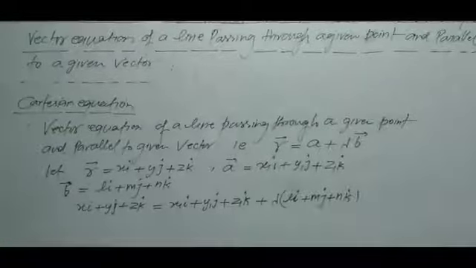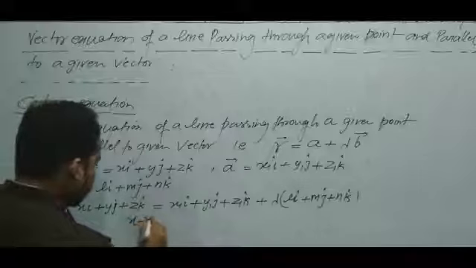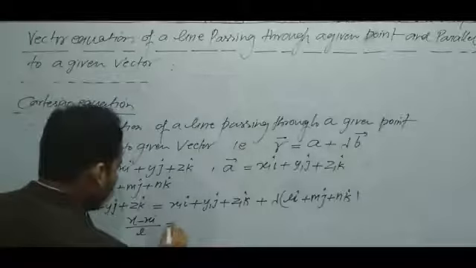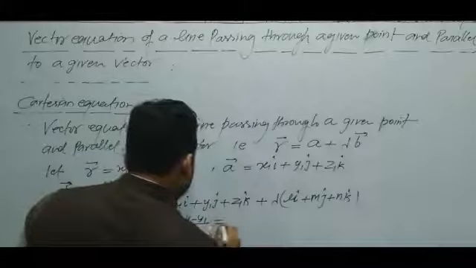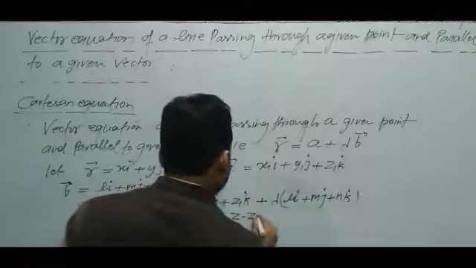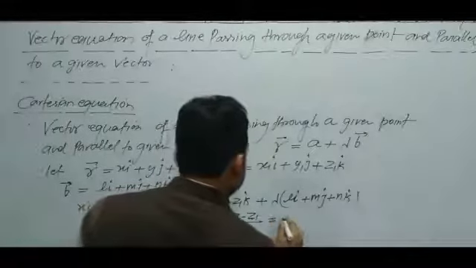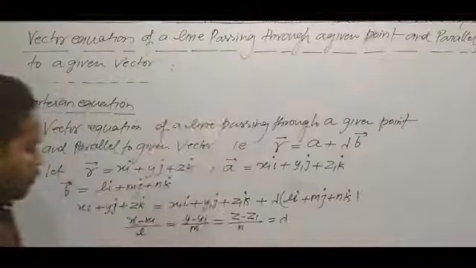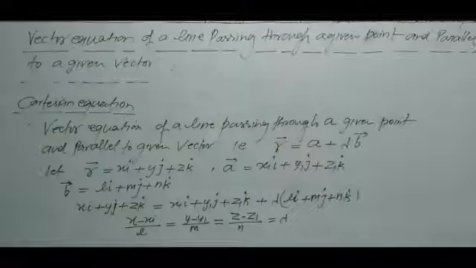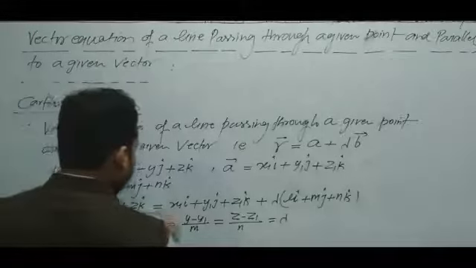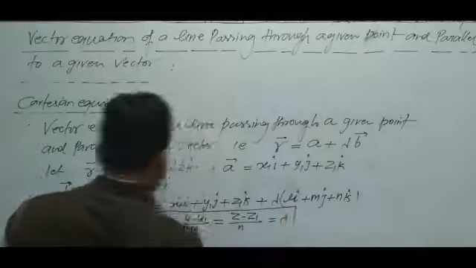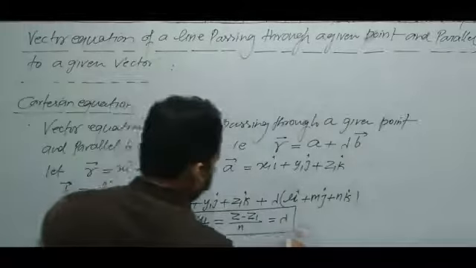See, (x minus x1) upon l is equal to (y minus y1) upon m is equal to (z minus z1) upon n, and this is equal to lambda. Now this is the Cartesian equation of a line passing through a given point and parallel to a given vector.